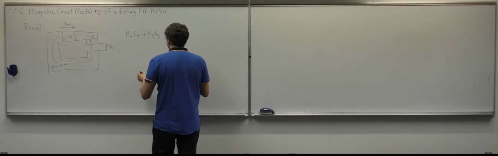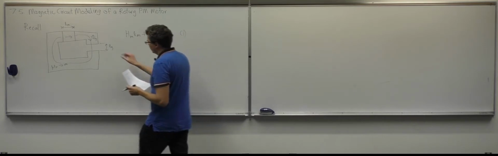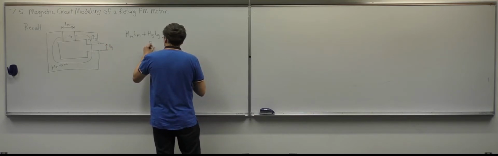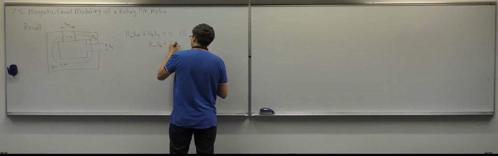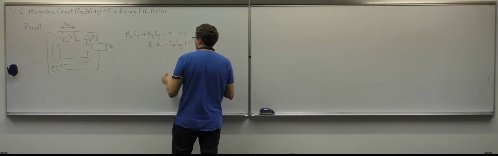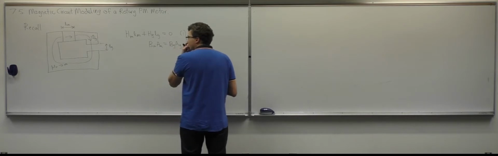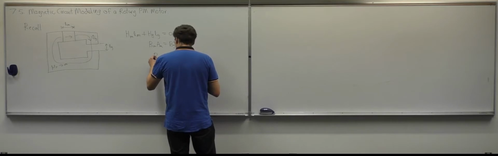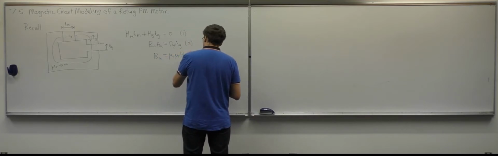And then we also know if we neglect the fringing because the air gap is small, we could write that Bm Am is equal to Bg Ag, where Bm is the magnetic flux density. And then we also know that Bm is equal to mu naught mu r Hm plus Br.